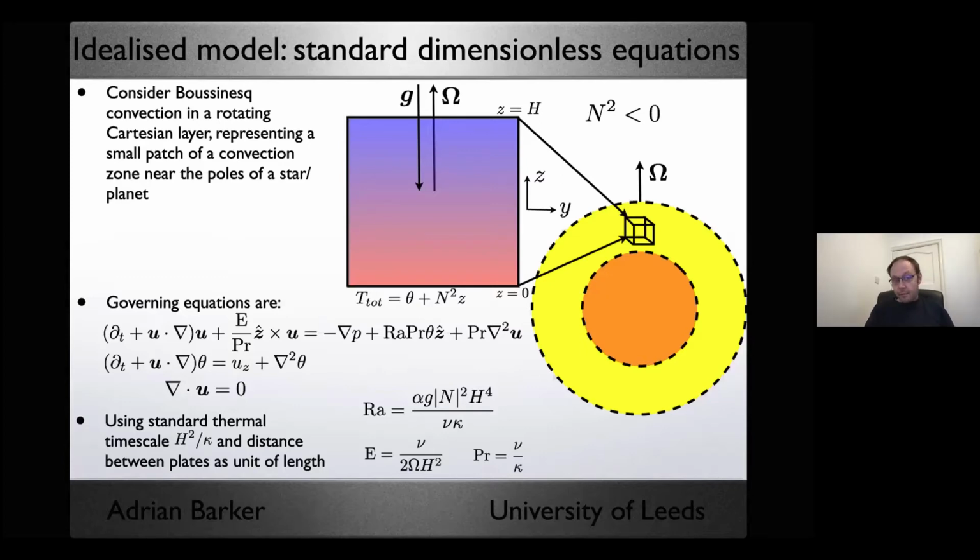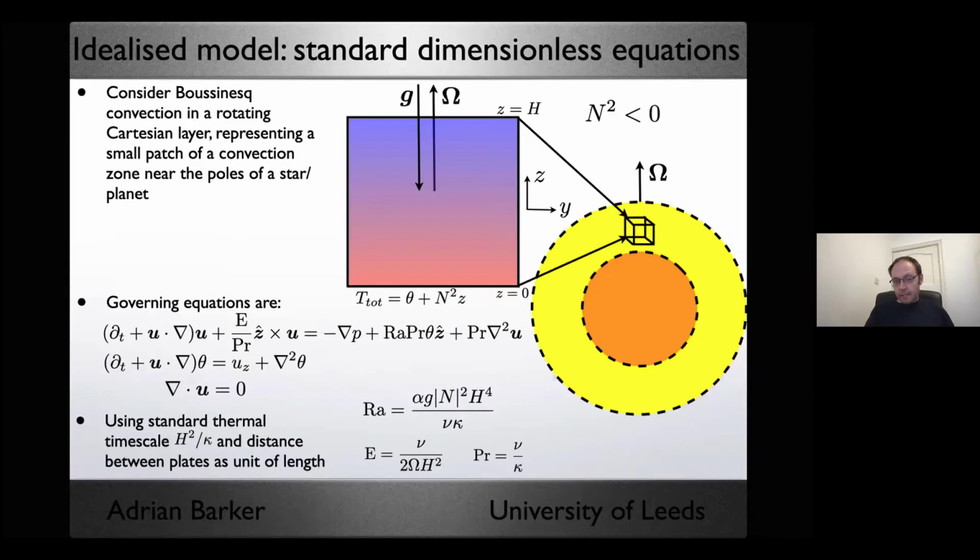In the Boussinesq approximation, we have an incompressible fluid where the only effects of density variations are accounted for in the buoyancy term, which when we've non-dimensionalized in this way appears in the term Ra Pr theta in the z hat direction, which is the buoyancy force on the right-hand side of the momentum equation. With this non-dimensionalization, there are three non-dimensional parameters if you have rotation in there. One of them is the Rayleigh number that I've just mentioned.